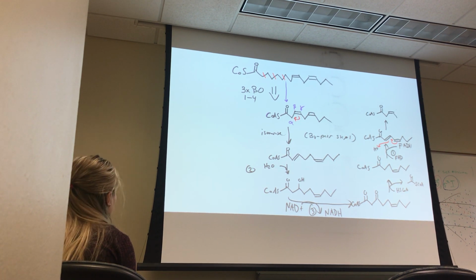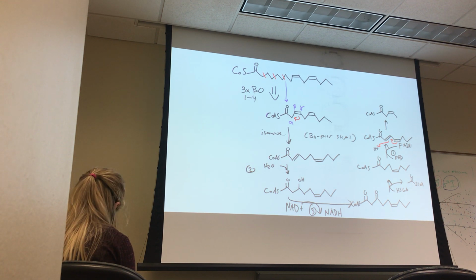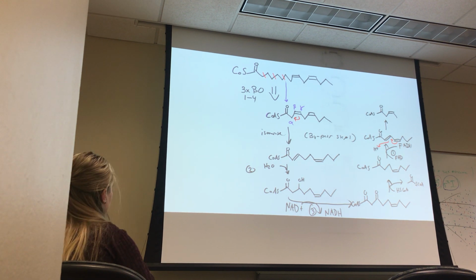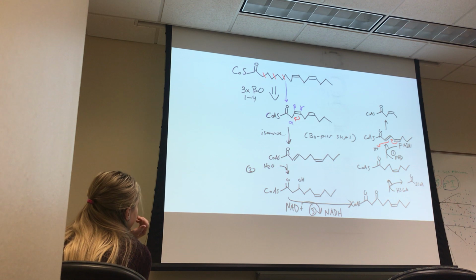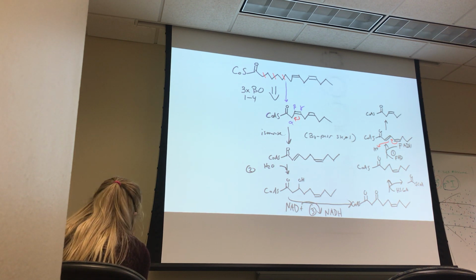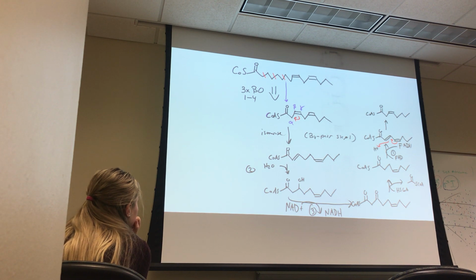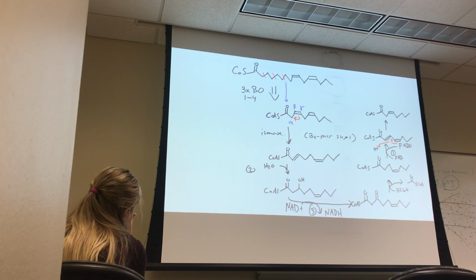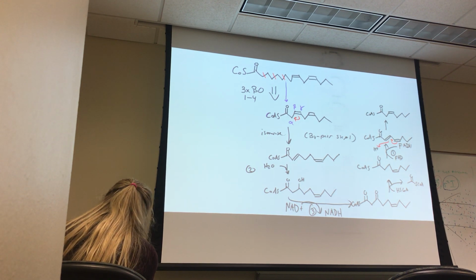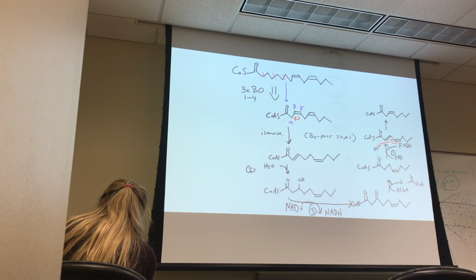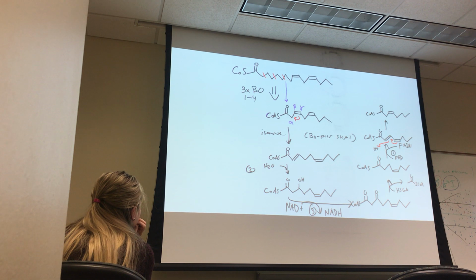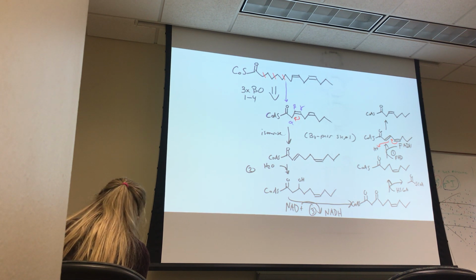And then we just continue. How many are left? 1, 2, 3, 4, 5, 6, 7, 8. And this looks exactly like if we had just a normal monounsaturated. We get our cis bond here. Now we just use our isomerase, flip it over.